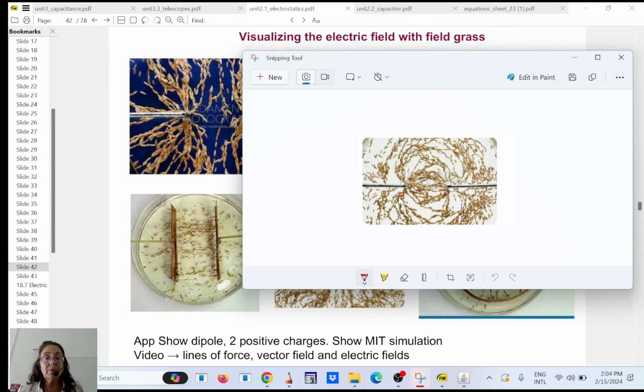Now, do we have the distance between the plates? 10 millimeters, which is what in meters? 10 to the negative 3 meters, right?